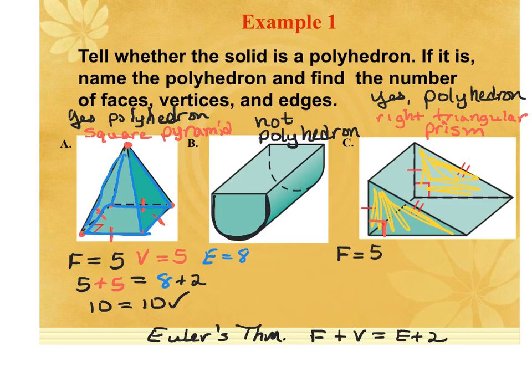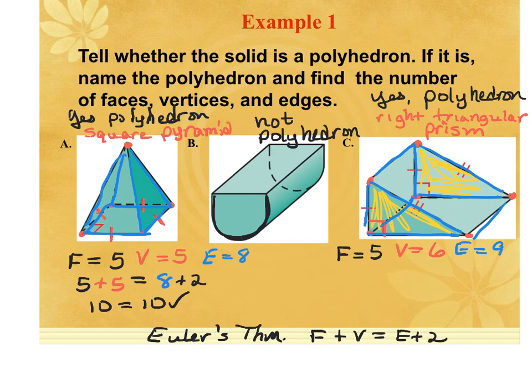My vertices, I have 1, 2, 3, 4, 5, 6 vertices. And now for edges, we have 1, 2, 3, 4, 5, 6, 7, 8, 9. So we have 9 edges.